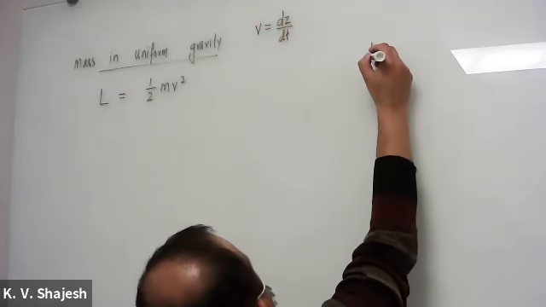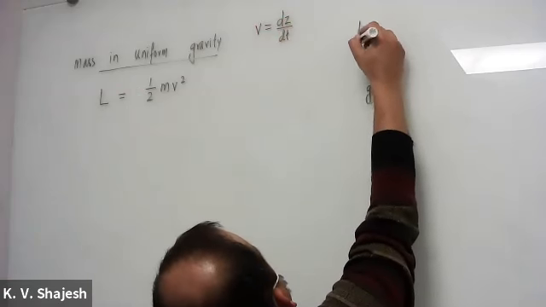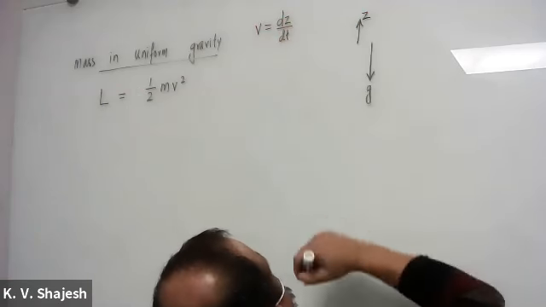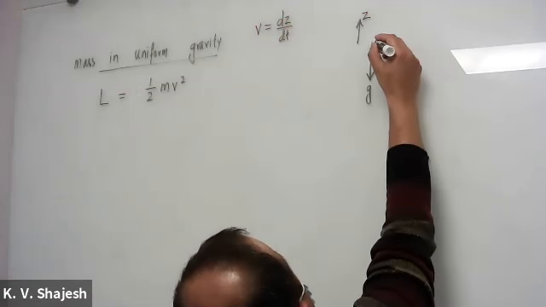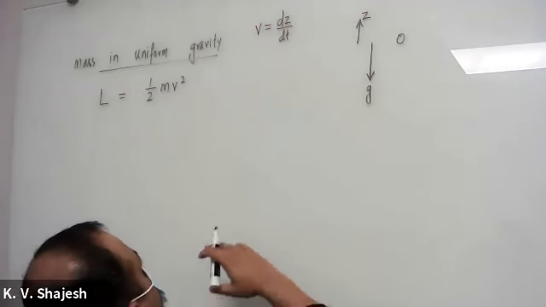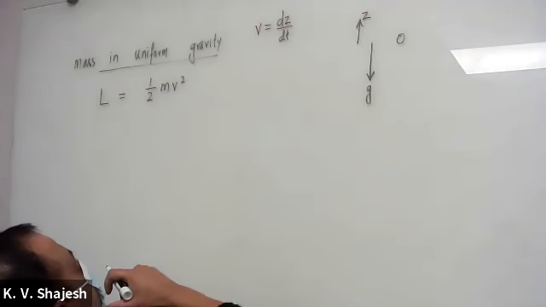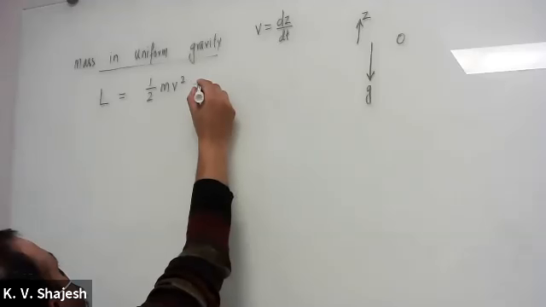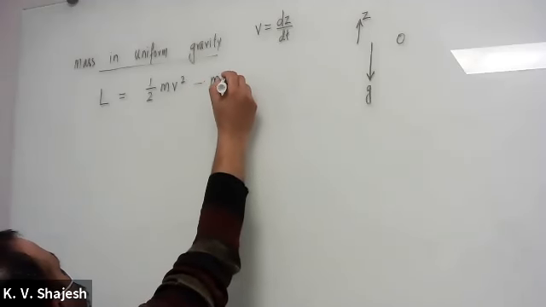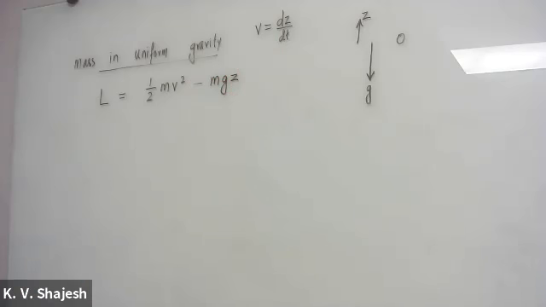So we're talking about gravity downward, z is in the upward direction, and a particle is falling. So it is mgz, that's your gravitational potential energy. So that's minus mgz, where velocity v is dz by dt. Everything is happening in a straight line.